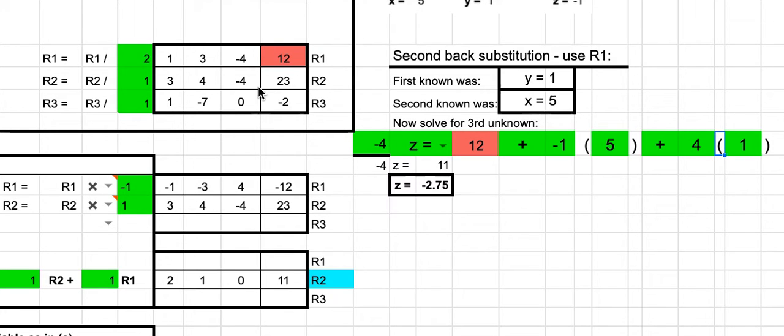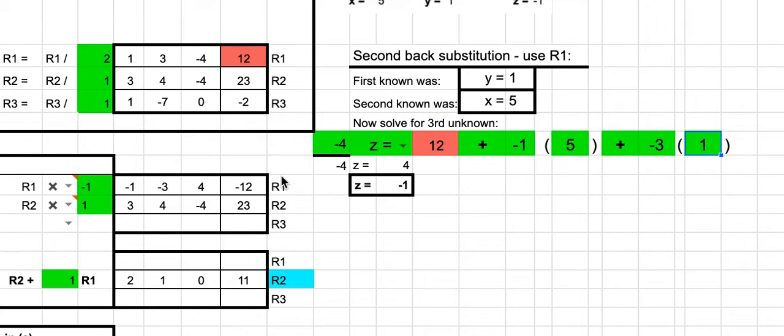Remember, this is an equal sign right here. Oh, sorry. I have to subtract 1x, and subtract 3y. I'm sorry, folks. Subtract 1x, subtract 3y. And that y happens to be worth 1.